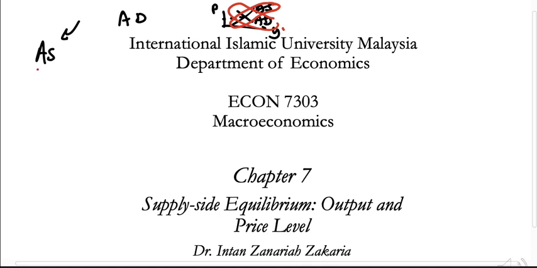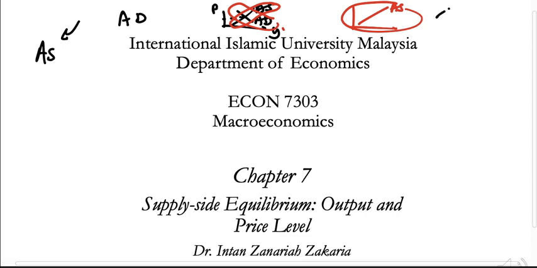So basically, what you saw in your first year study is the upsloping aggregate supply. You didn't know whether it was Keynesian aggregate supply or classical or other things, because it was just a basic introduction. So here, we want to derive aggregate supply. How to derive? We derive it from the production side.